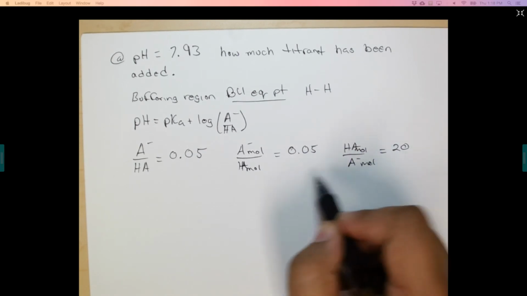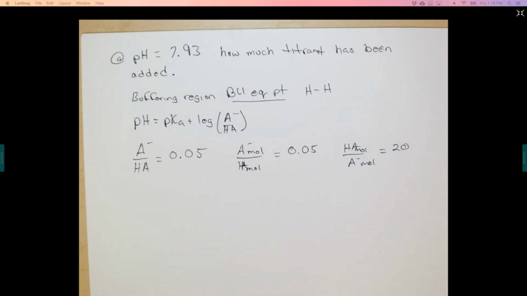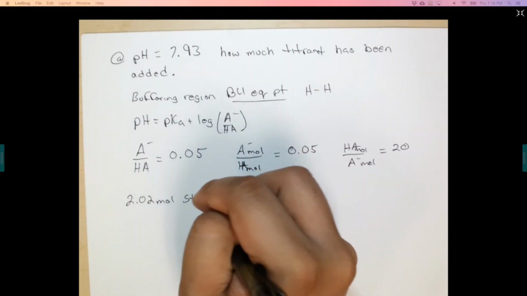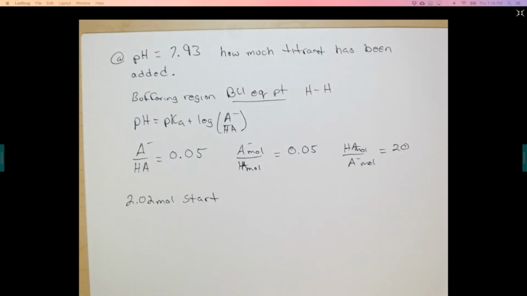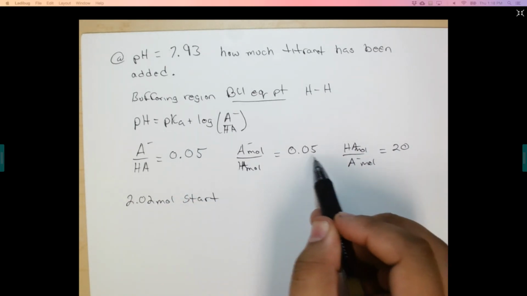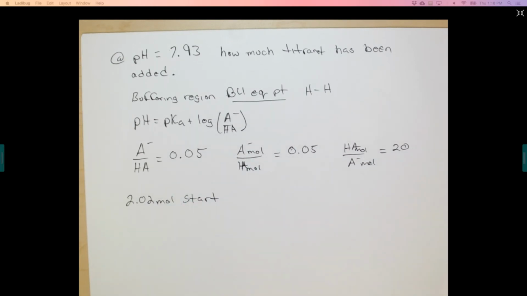So if we started with the number of moles of boric acid, which is 2.02 to start, then at what point do we get 20 times that? If we take 0.5 divided by 2, that's 0.25.